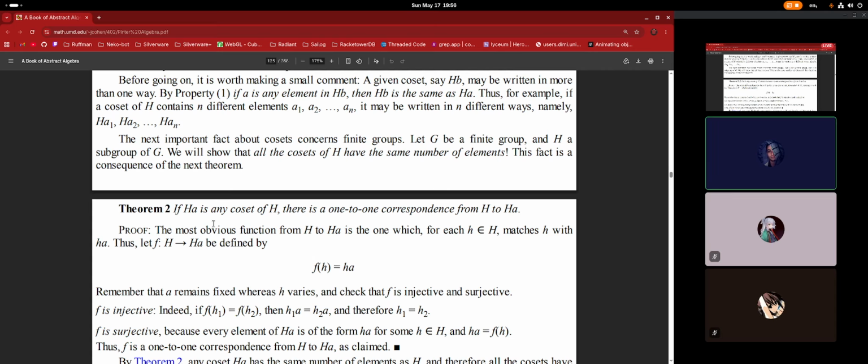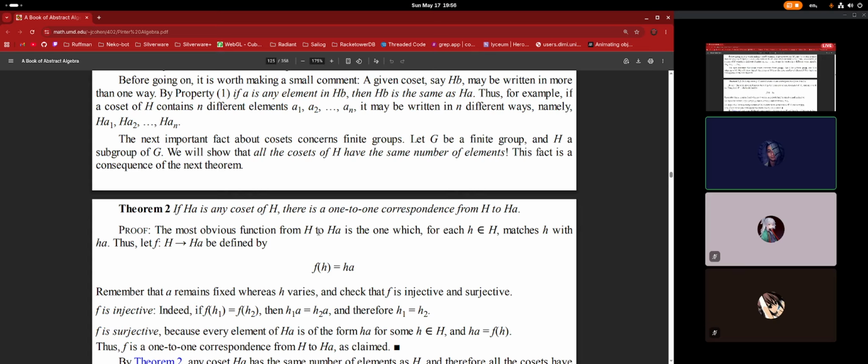This is also very intuitive to me because if you swap the fixed member but keep the subgroup, of course there will be a one-to-one correspondence, right? Because you're essentially multiplying a constant with everybody. So that kind of follows. But we have to prove it, so let's go.